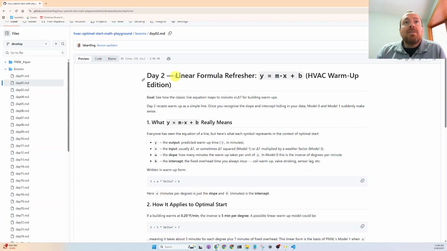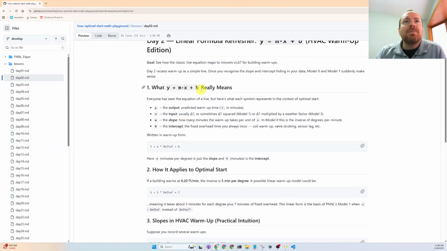Here we are, the linear formula refresher, y equals mx plus b, slope of a line. I'm just going to read through what y equals mx plus b really means. Y is the predicted warm-up time T in minutes.